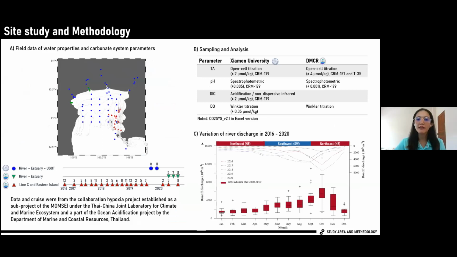To better understand hypoxia and ocean acidification in the Upper Gulf of Thailand, we collected data of the carbonate system from three sources.